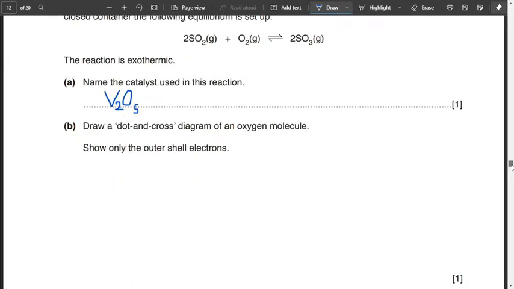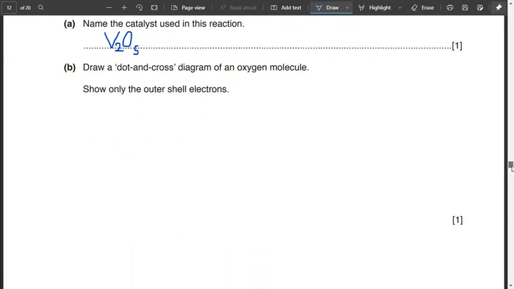Part B says, draw a dot and cross diagram of an oxygen molecule. Show only the outer shell electrons. So we are going to draw the diagram of one oxygen molecule. Oxygen is basically O2.